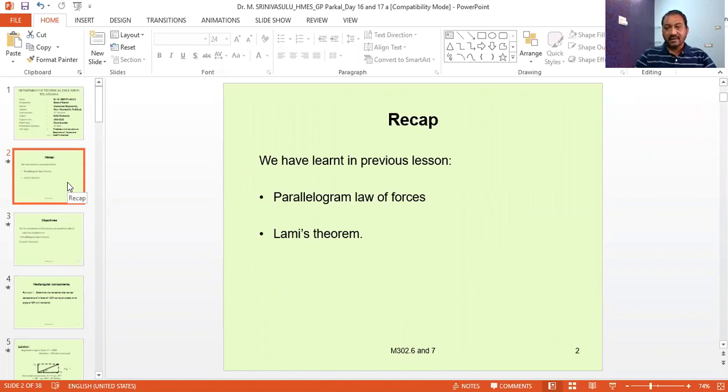In the last class we learnt about the parallel law of forces and Lami's theorem also, and we derived the equations for the resultant of two concurrent forces acting on a body.